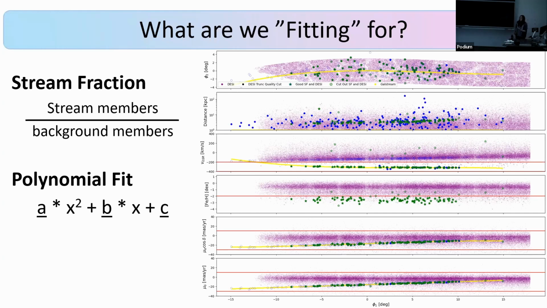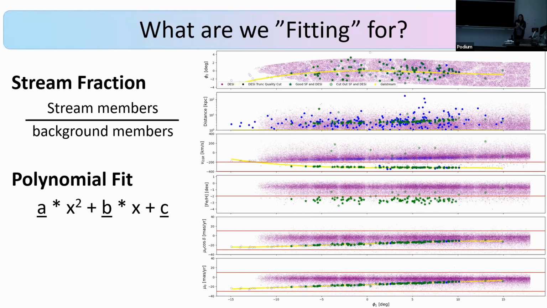And the last four are what we're fitting for: the radial velocities, the metallicities, and the two proper motions. Proper motion is the velocities along X and Y, or RA and DEC in our case. You can see that most of these members, especially in the phase space, the last four, follow a parabolic fit. So when we sample our space and fit for these tracks, these paths that the stellar stream follows, we're looking for a parabolic fit.